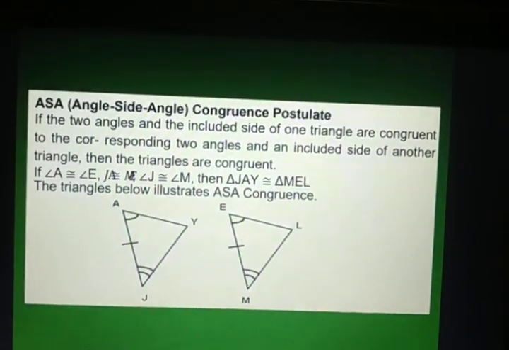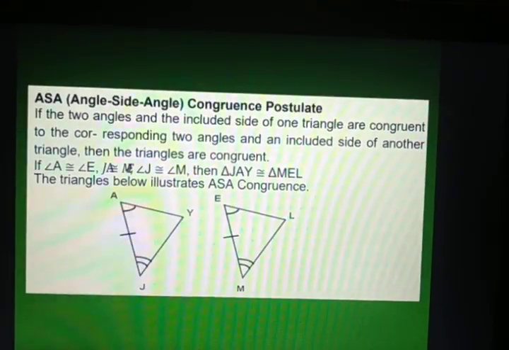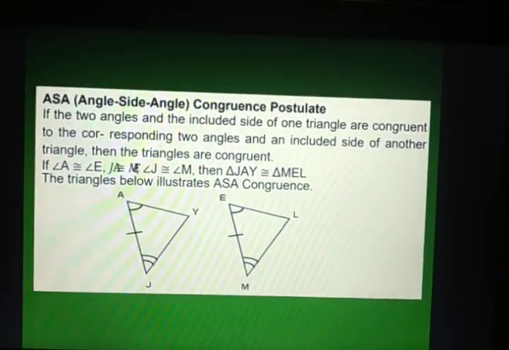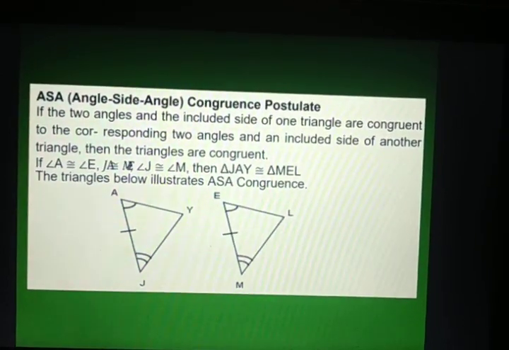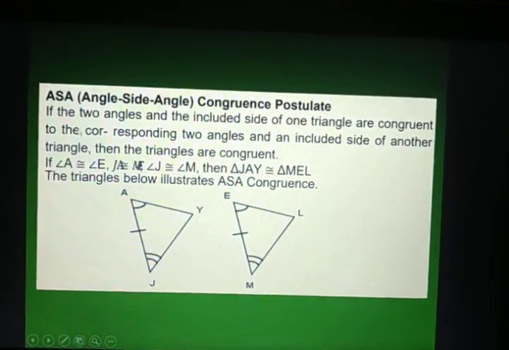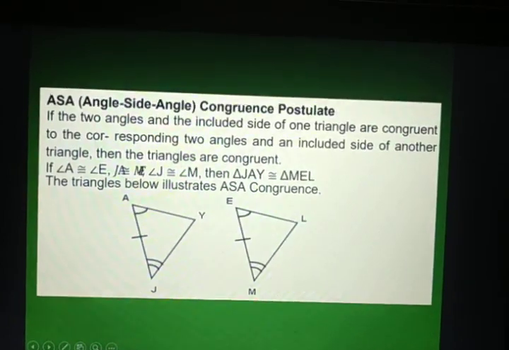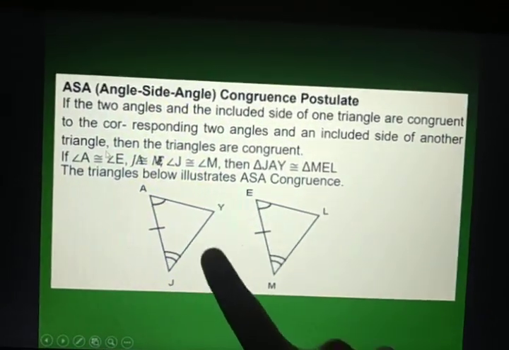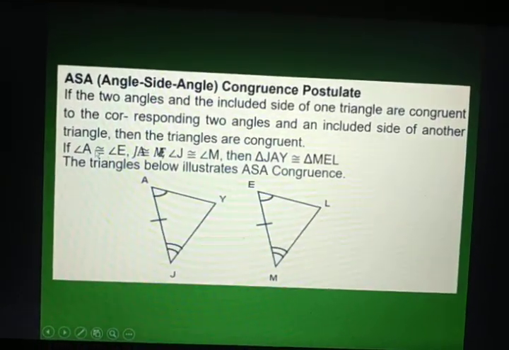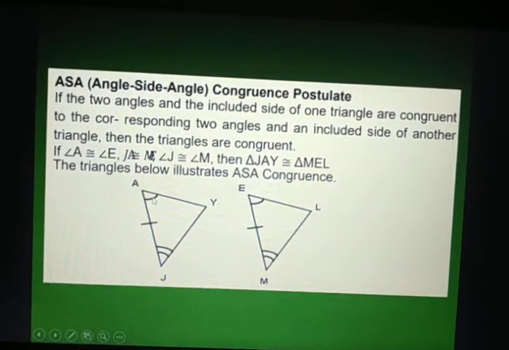Okay. If the two angles and the included side of one triangle are congruent to the corresponding two angles and an included side of another triangle, then the triangles are congruent. If angle A, I am reading this, and here is the illustration.